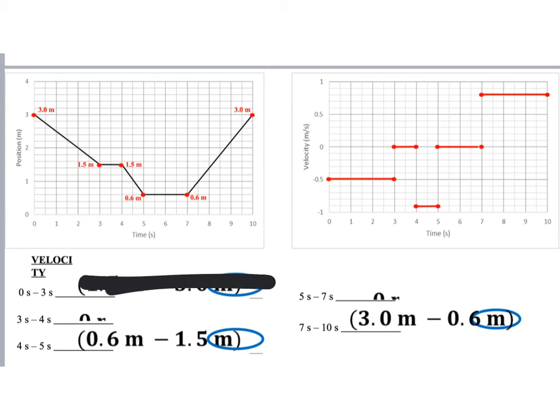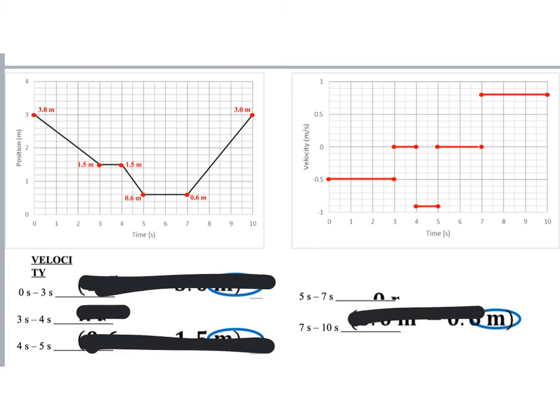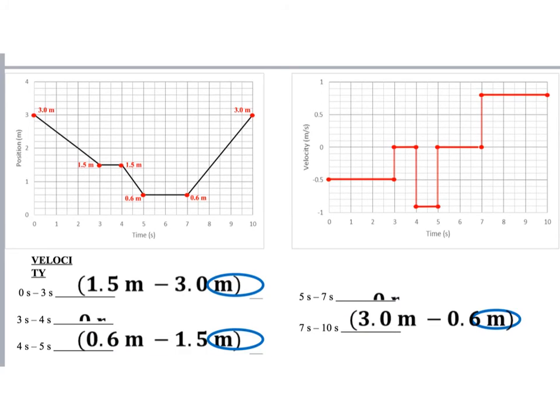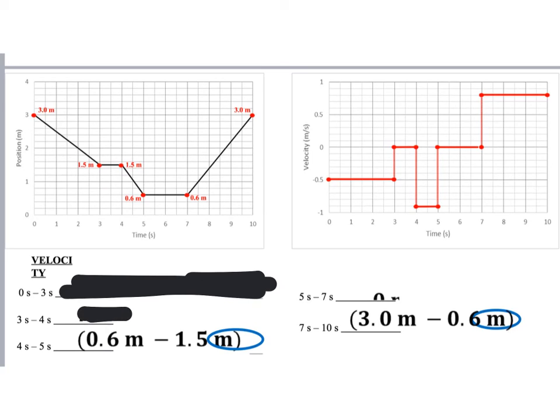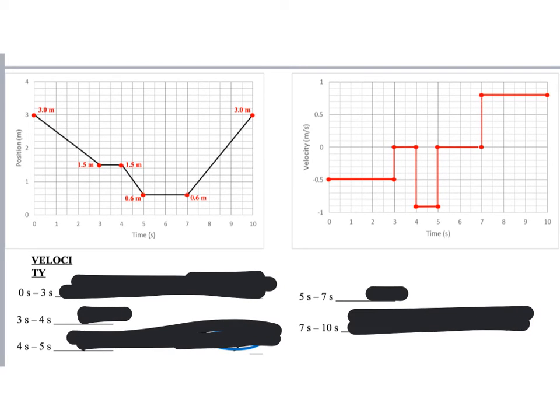And then finally the object was moving at a positive 0.8 meters per second. And again, you can leave your lines separated like this, or you can connect them if that makes you feel a little bit more comfortable. Some people have a really hard time looking at just the disconnected lines.